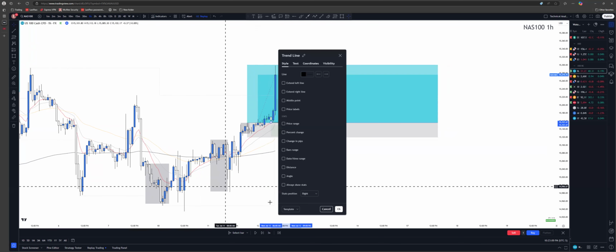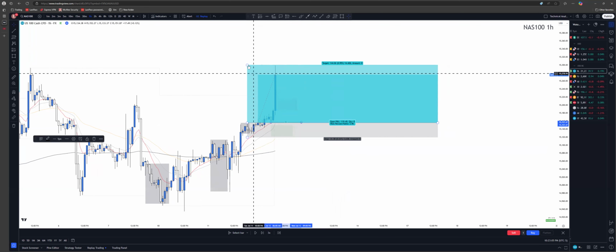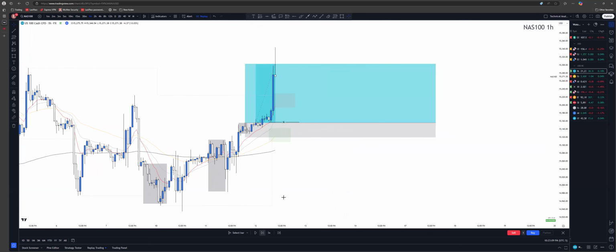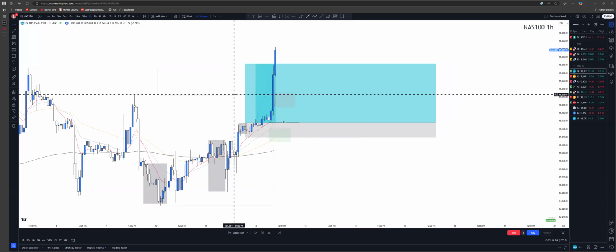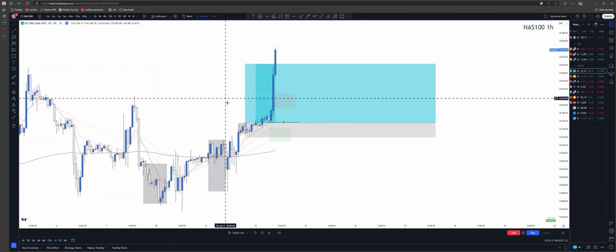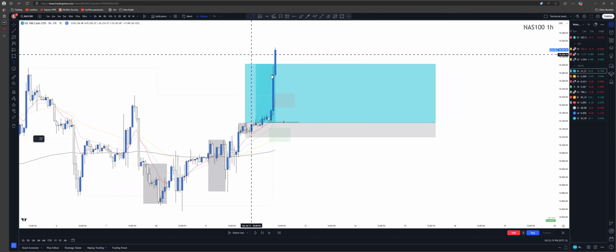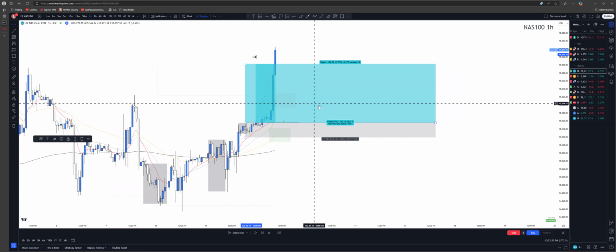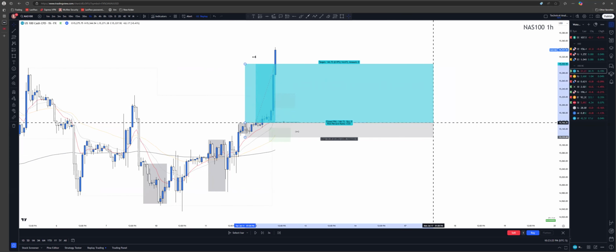And likely going to take this for, I guess you could just put it for blanking. Okay. So another +4.